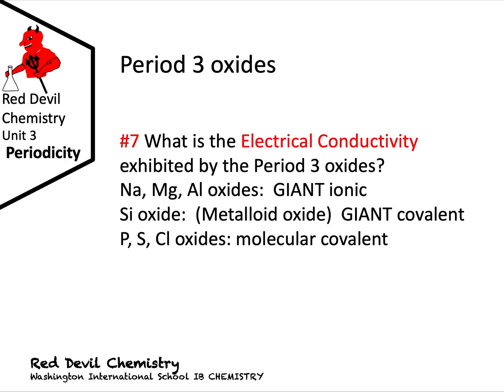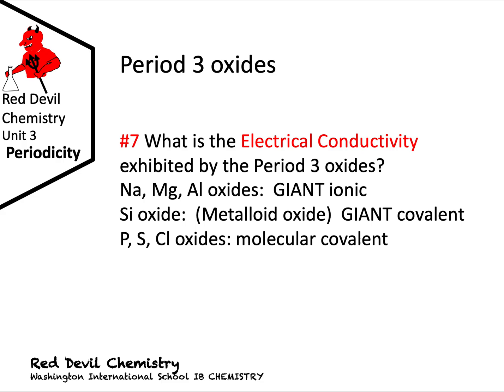Looking at electrical conductivity, very much related to the bonding that is present between them. So you have to look at those, and I'll give you a little hint: no solid is going to conduct electricity, well, bolts of lightning, but small manageable currents won't conduct.